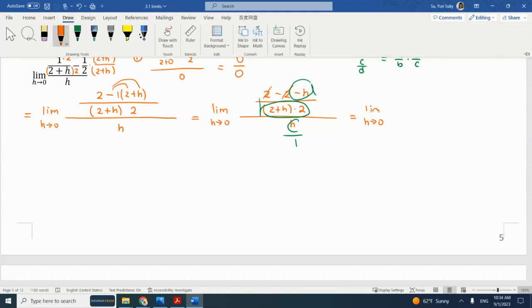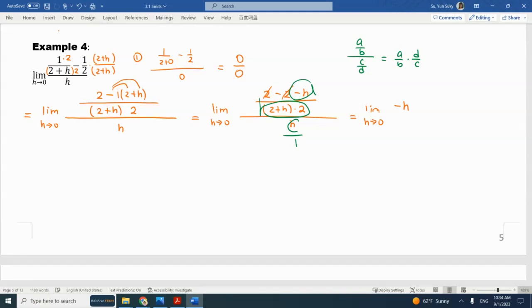So therefore, the minus h, the a, is in the numerator. Right? Minus h, write it upstairs. And this, my b, is downstairs. So 2 plus h times 2 is downstairs. Where do I put the h? Upstairs or downstairs? Downstairs. Right? That's like the c. We put it downstairs. See?